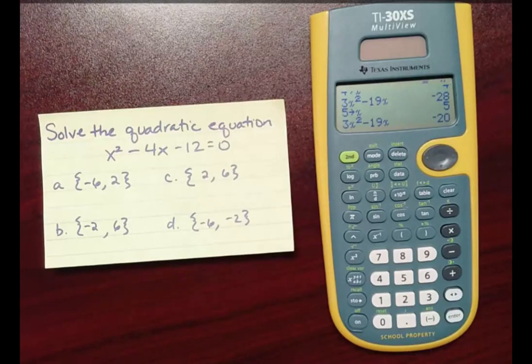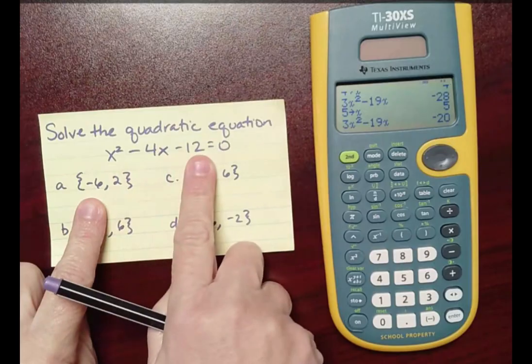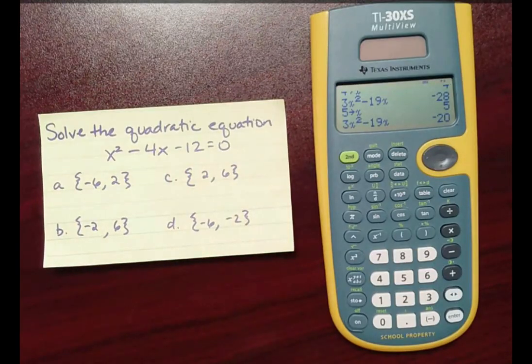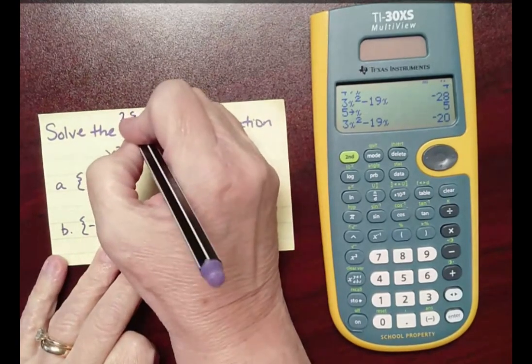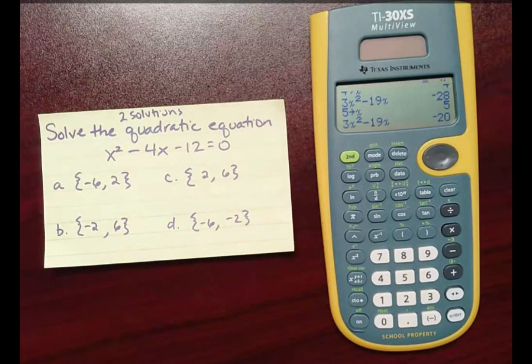If you have brackets, this is actually two answers that will both make this equation work and give me 0. So this is one of those where we're trying to find two solutions, two answers that both will give me 0. And so we do it the same way, we just have more numbers to store.